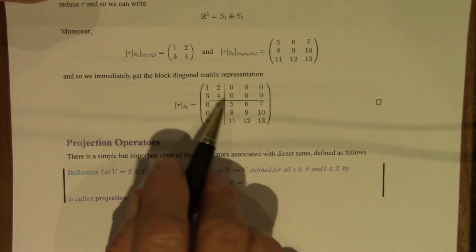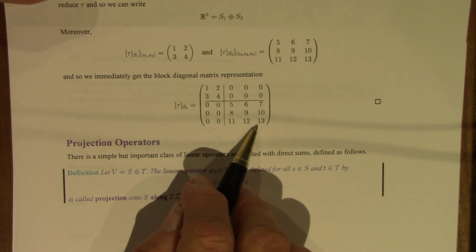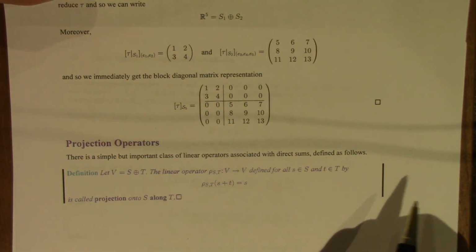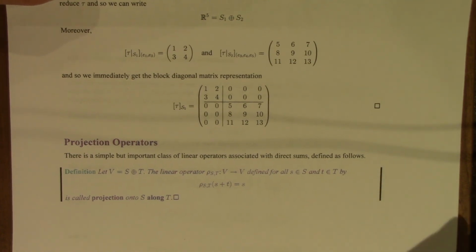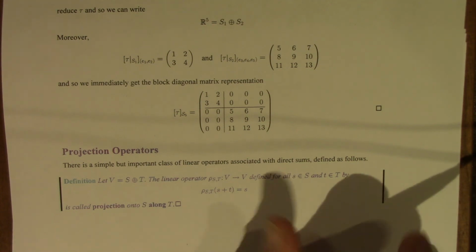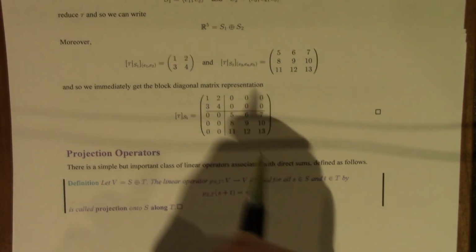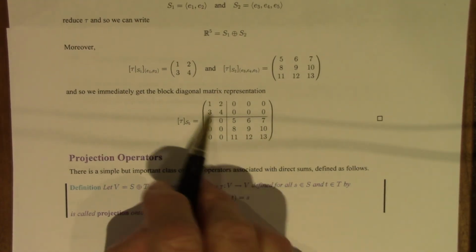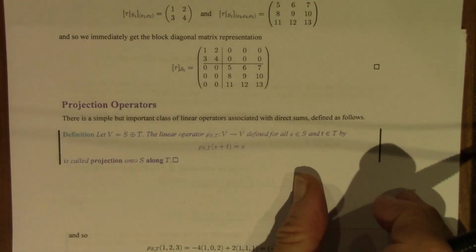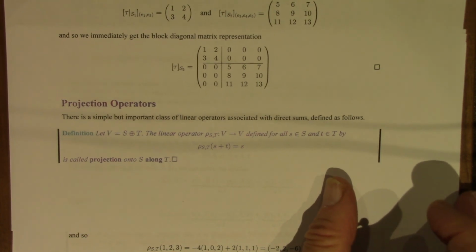This doesn't qualify to be either of those, but at least there are a lot of zeros. And the more zeros, in some sense, the simpler, provided the zeros are not just randomly scattered. Even if they are, that's better than nothing. But when they're grouped in blocks like this, we're getting reasonably simple matrix representations.